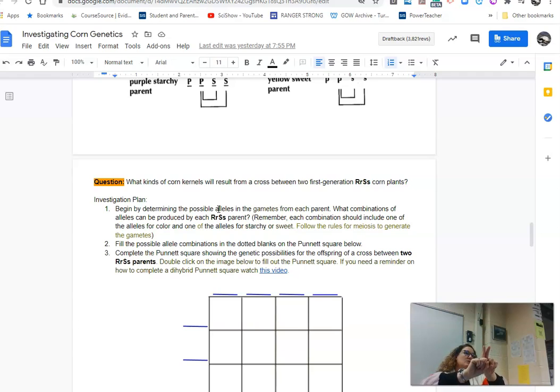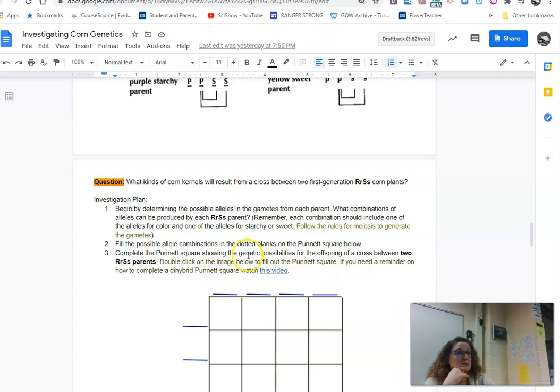So when you are creating your possible gametes, they can only have one big R or one little r, because these homologous pairs get separated during metaphase 1. And then the same thing with the S. So the R would be here and the S would be here, and then those are being separated, okay? So we're going to assume no crossing over.